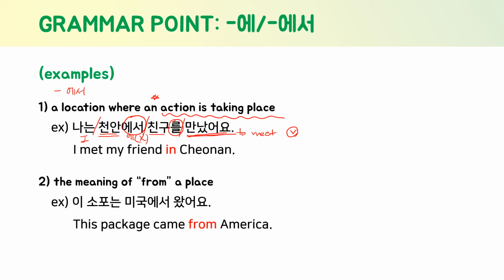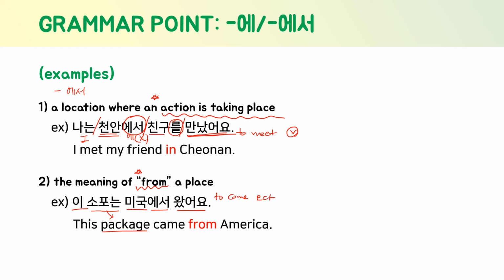The number 2 meaning: it also has the meaning of from a place. For example, 이 소포는 미국에서 왔어요. 이 소포는, this package, 미국, America, 에서 왔어요. 오다, to come.